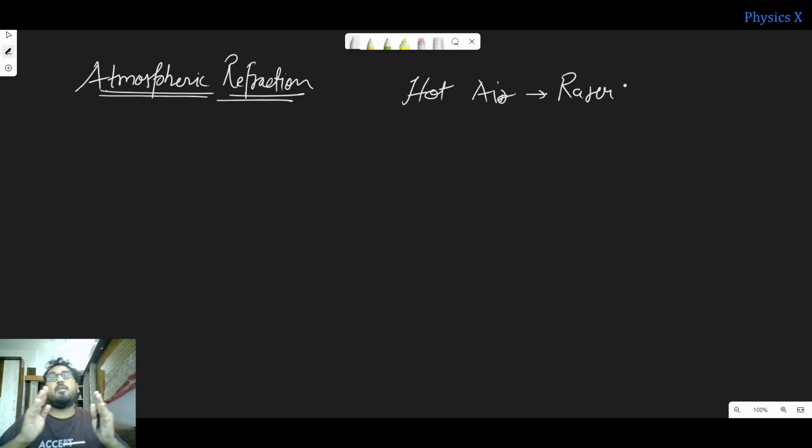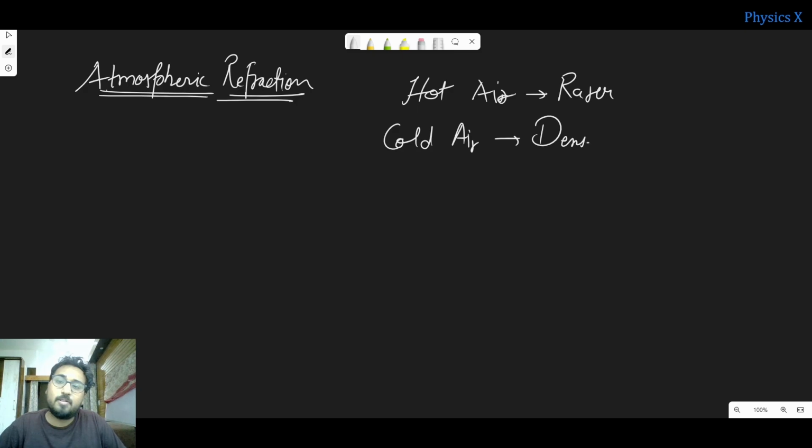So when they are apart from each other, this air will become optically rarer also. So we must know that cold air is always a denser one, right? So when the air is heated up, it goes up, it becomes rarer.